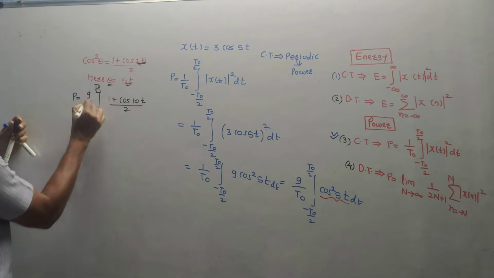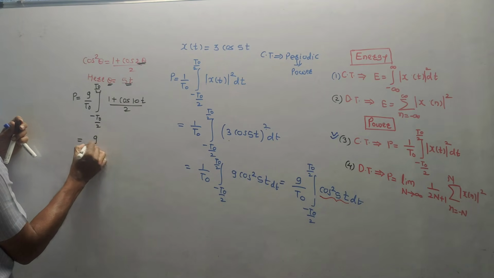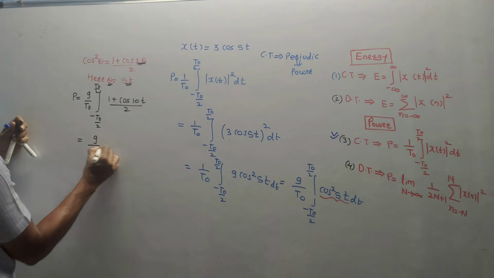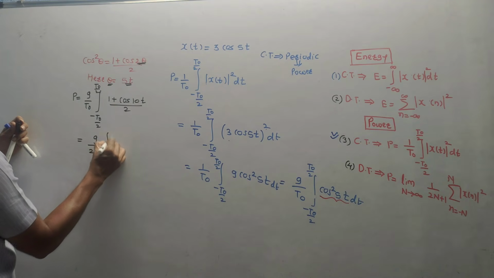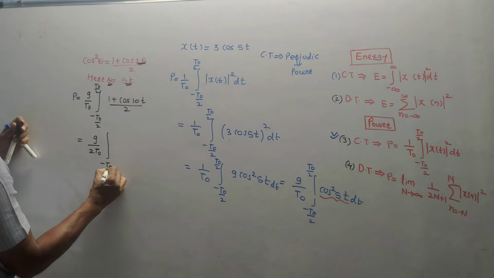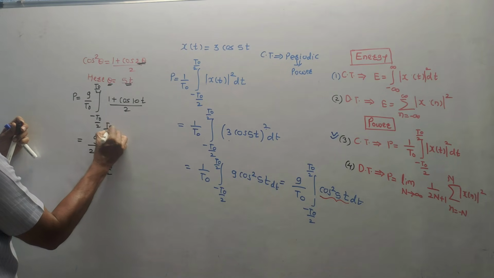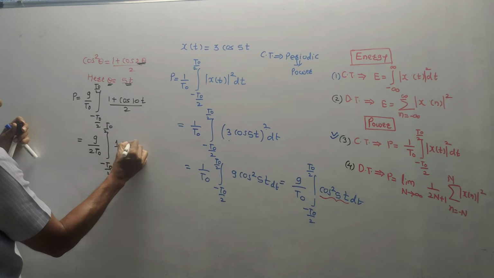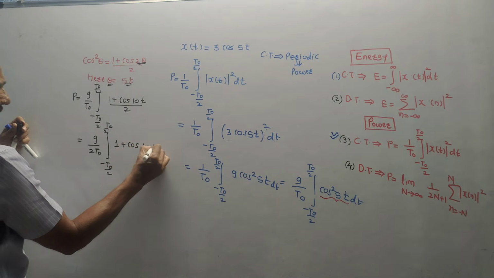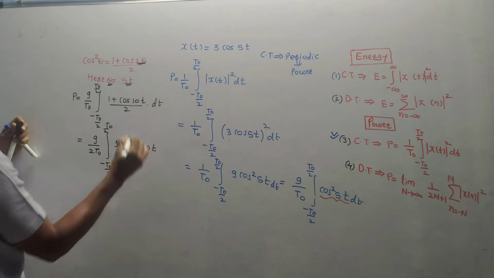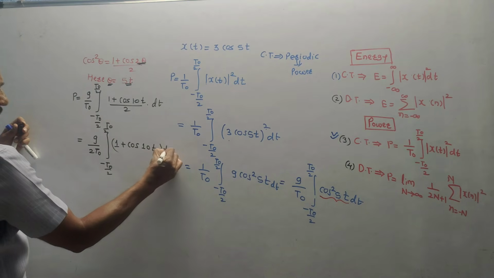This 2 is a constant, so it can be taken outside, so 9 by 2 T0 integration from minus T0 by 2 to plus T0 by 2 of 1 plus cos 10t. Everywhere don't forget to write the variable dt.